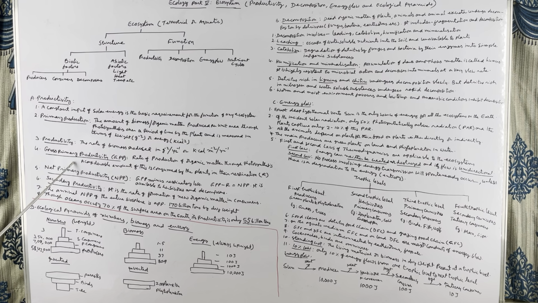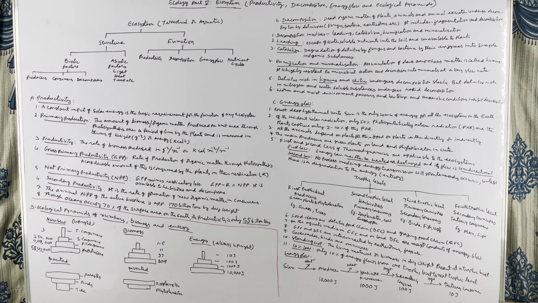Then gross primary productivity. It is the rate of production of organic matter through photosynthesis. So plants use solar energy, and through photosynthesis they first synthesize glucose, and this is called the photosynthetic first byproduct. Then this glucose is converted into various types of proteins, carbohydrates, fats, and other products.